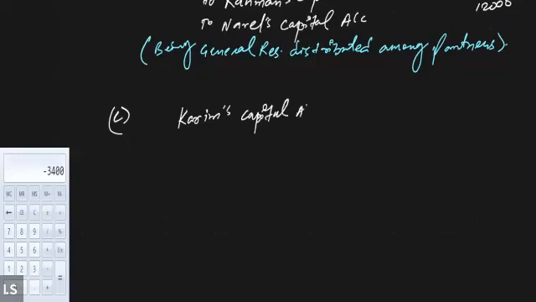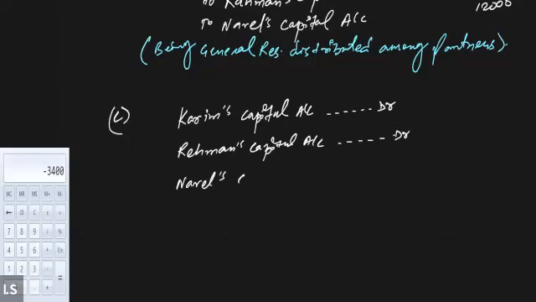Rahman's capital account will also be debited, yes or no? And Naval's capital account will also be debited.